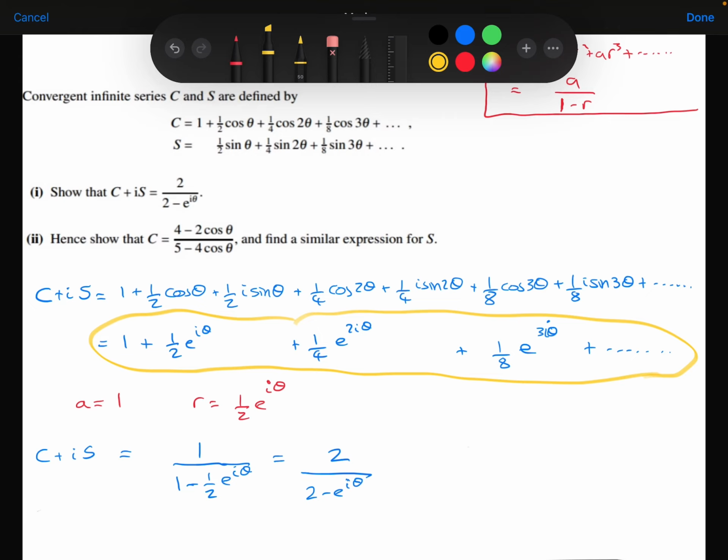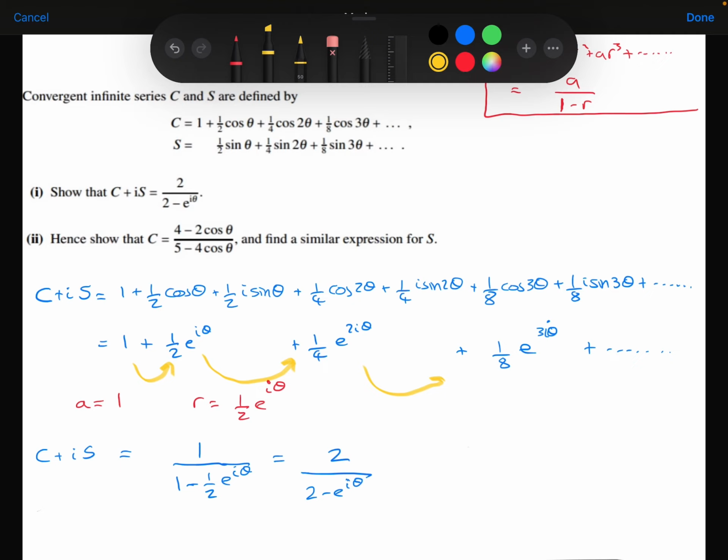It's got first term A is 1, and the common ratio is a half e to the I theta, times this by half e to the I theta, times this by half e to the I theta, and so on and so on.